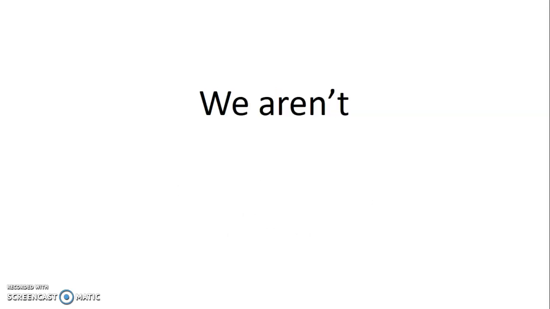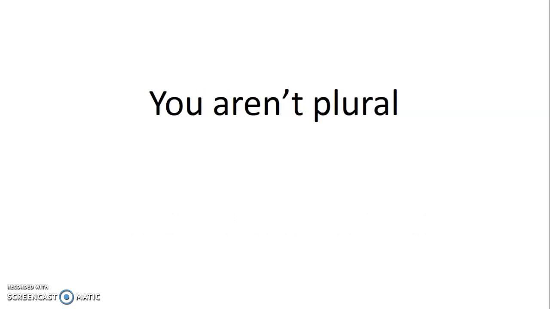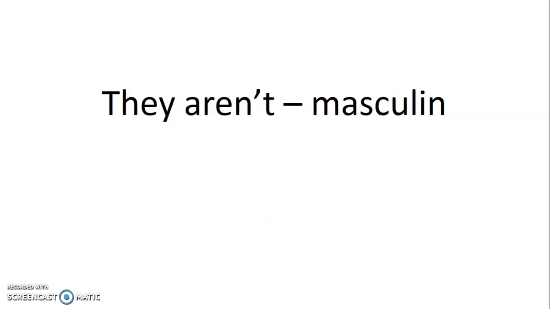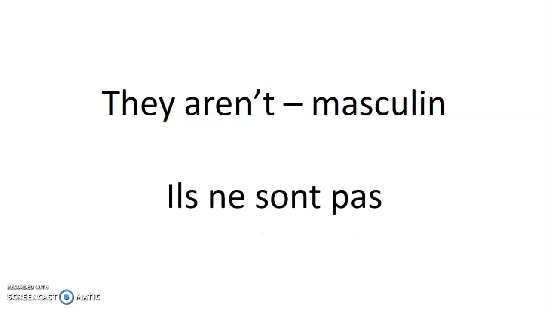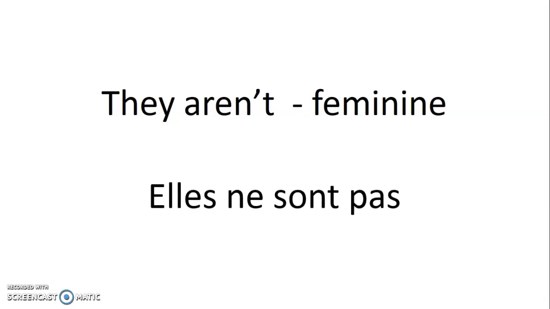We aren't. Nous ne sommes pas. You aren't, but in plural with vous. Vous n'êtes pas. They aren't in masculine form for plural with ils. Ils ne sont pas, and feminine. Elles ne sont pas.